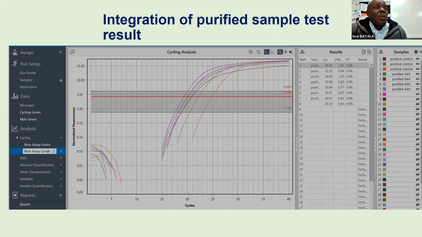Once the software is able to positively quantify the material, based on the number of cycles used to detect it, we can go back and find out how much material there was before we reached that number of cycles. So that's how the quantitation is made.